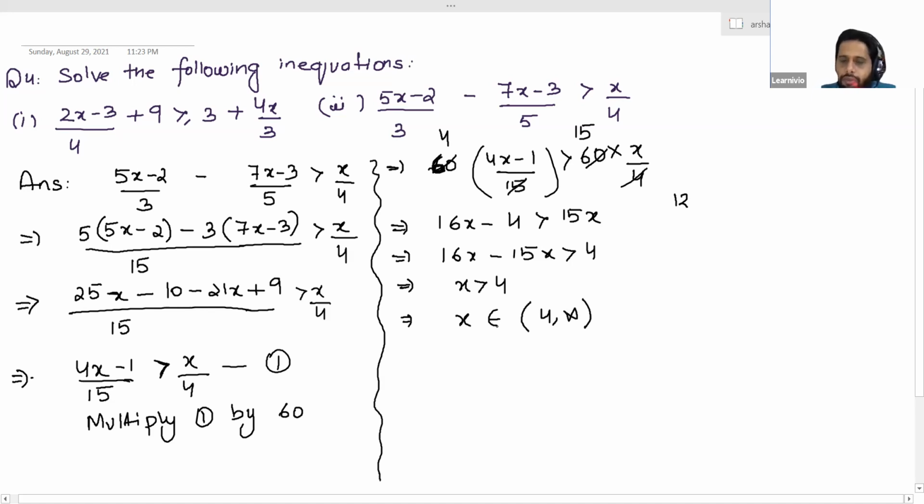Rishan, so please plot this on the number line. Johan, did you complete this question? Yes, sir. Okay, getting the same answer? Yes, sir. Okay, very good. So Rishan, please note down this, plot this on the number line and confirm me, then we will start a new type. Sir, done.